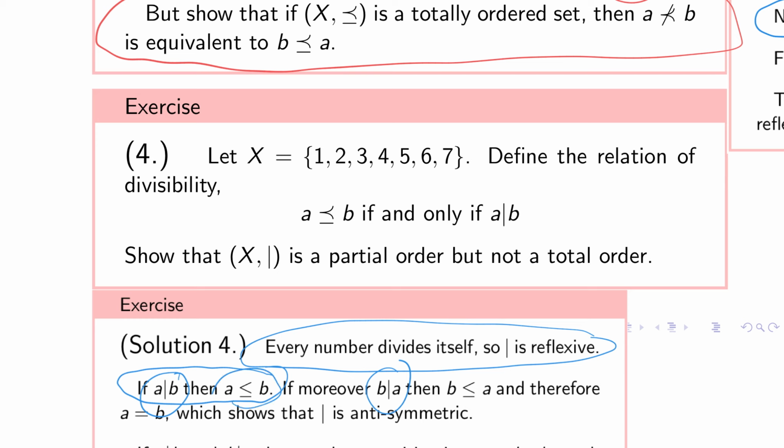Well, then we have both this inequality on natural numbers and this inequality on natural numbers. We know from all of our knowledge of natural numbers that these two inequalities must imply that A is equal to B, and that is exactly what we wanted to show for anti-symmetry.